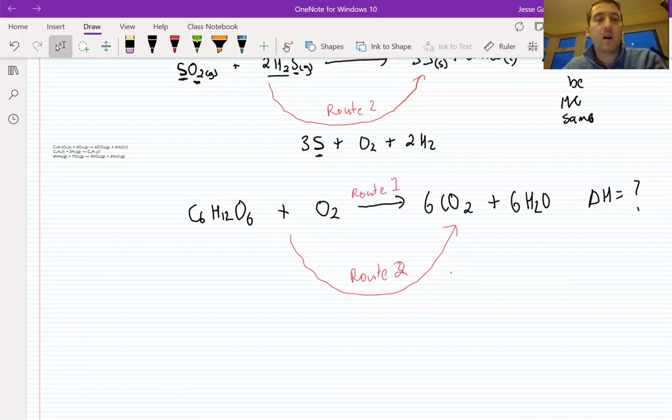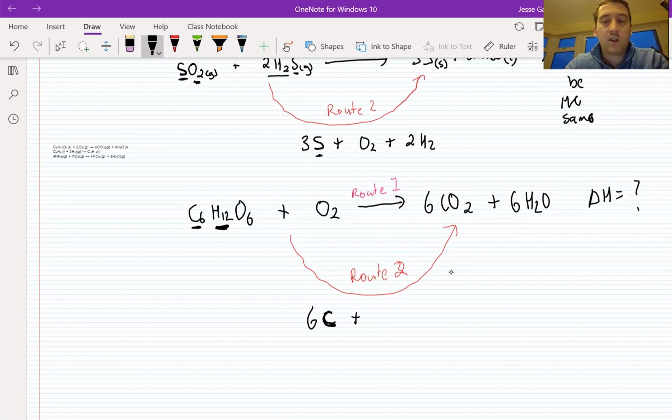So let's see if we can write down what the elements will be. First of all, I've got carbon, and I've got 6 of them. Carbon exists as a single atom element, so this is going to be 6 C's. That's easy. I've also got hydrogen, H2.